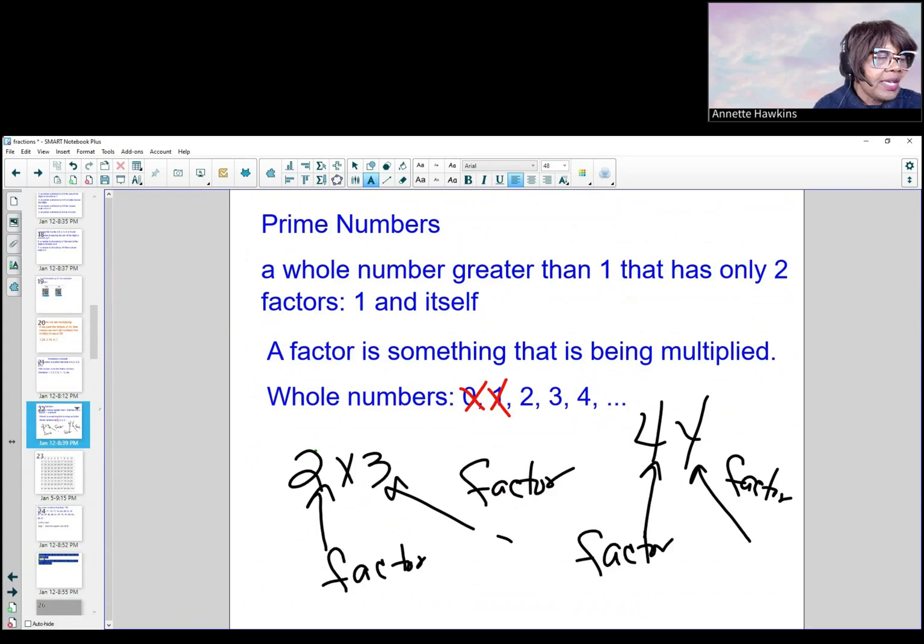So if it's being multiplied, then it is a factor. So we want to find the prime numbers up to 100. Well, let's do the prime numbers up to 50. We know that a prime number is a whole number greater than 1 that has only 2 factors. So the whole numbers are 0, 1, 2, 3, 4, 5, 6, 7, etc. And so I have a little table here.